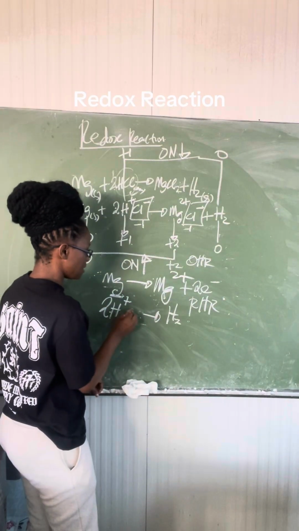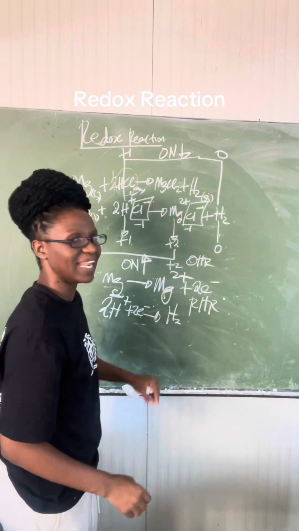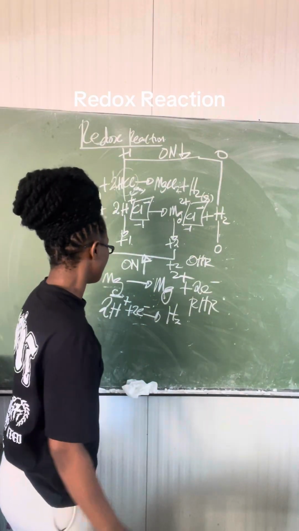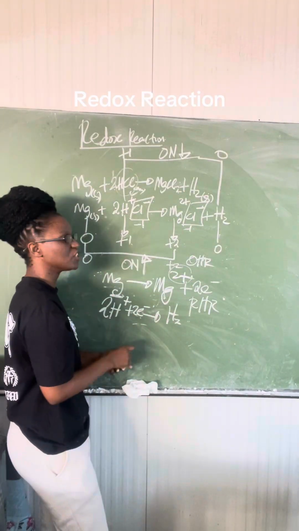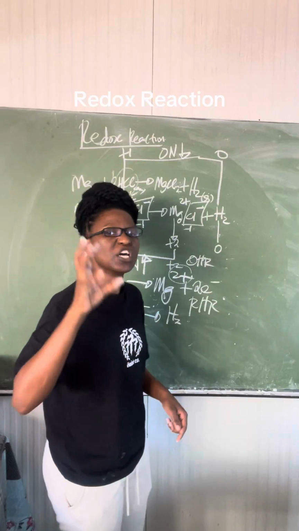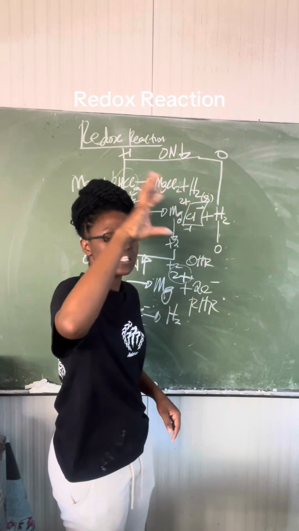This one is gaining 2 electrons and that one has lost 2 electrons, because we have 2 H plus ions being reduced to H2. So it's 1 plus 1, giving us 2.